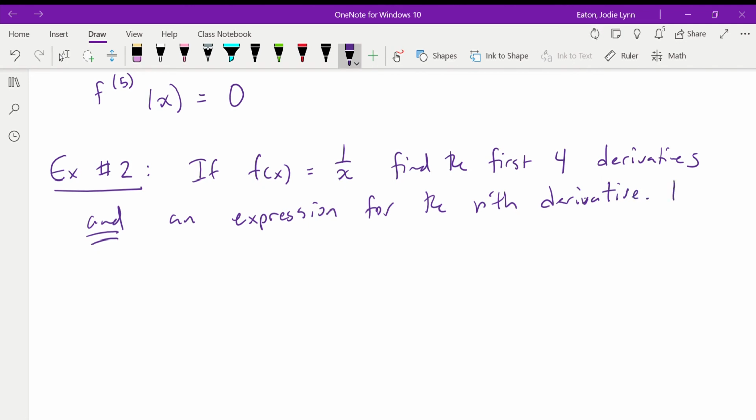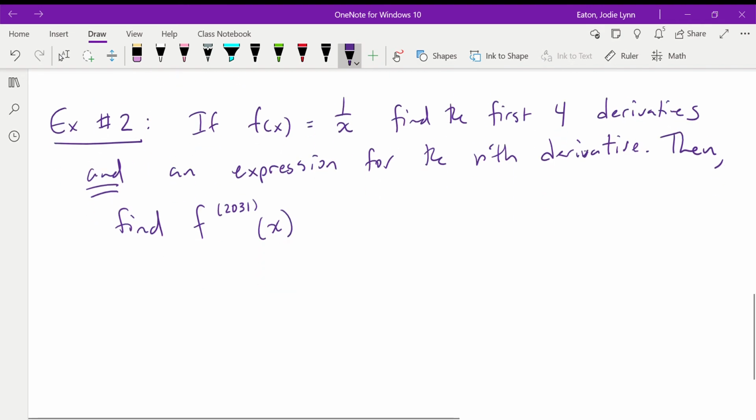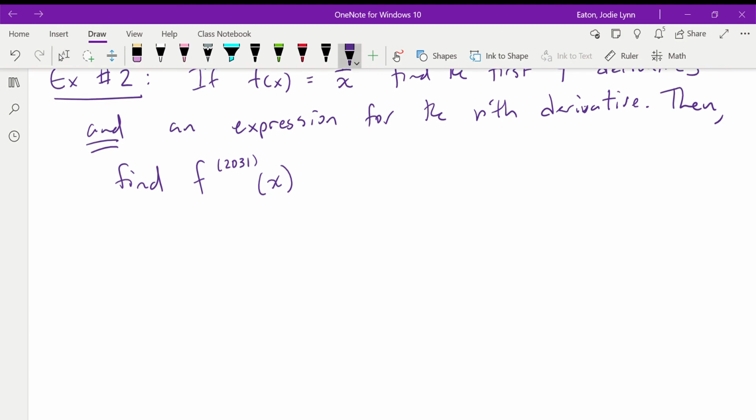Then we're going to find the 2031st derivative of x.